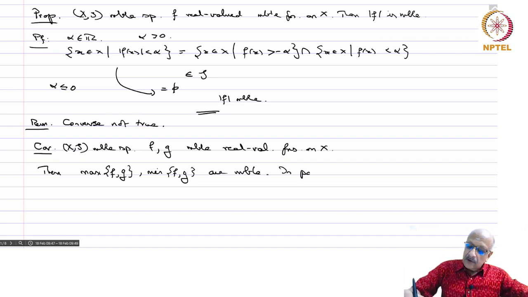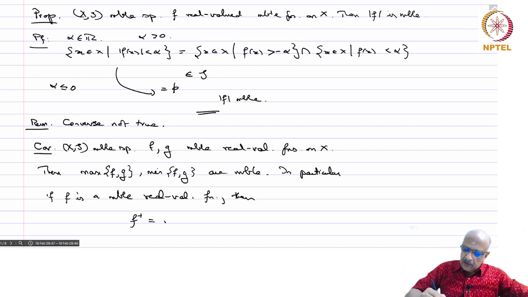In particular, if f is a measurable real valued function, then f plus, equal to max(f, 0), and f minus, equal to minus min(f, 0), are measurable.